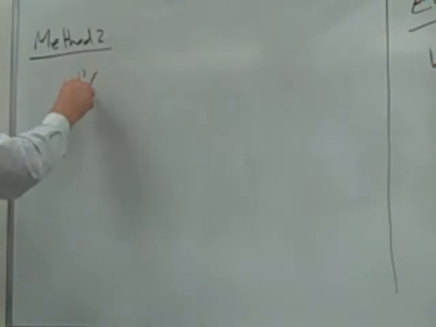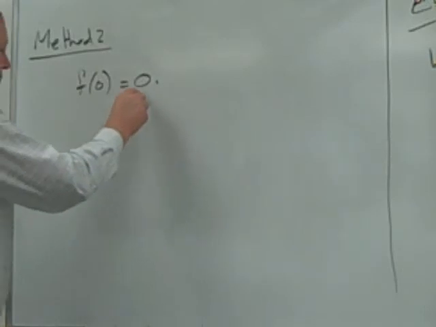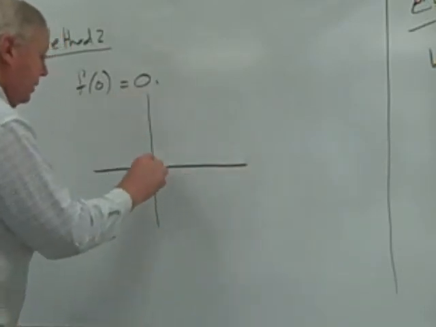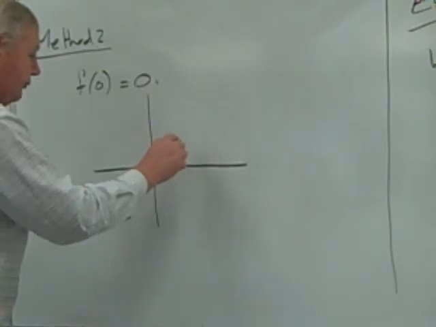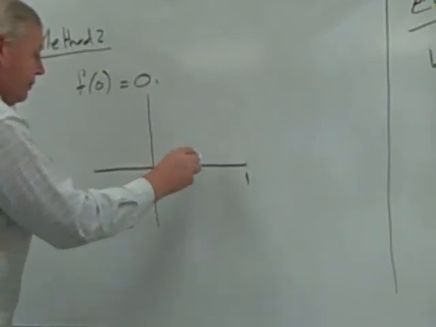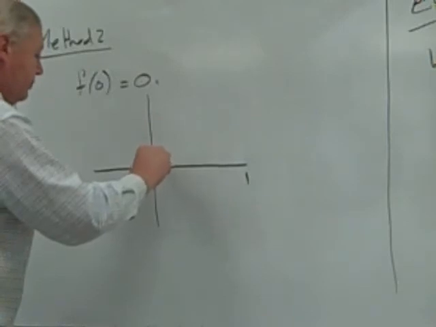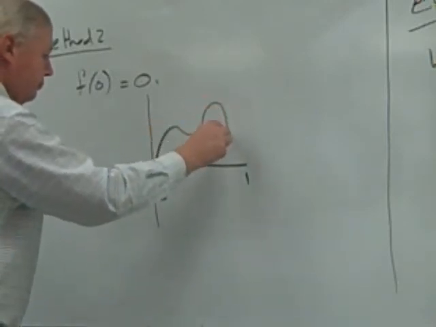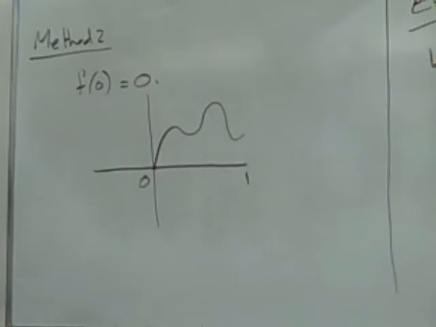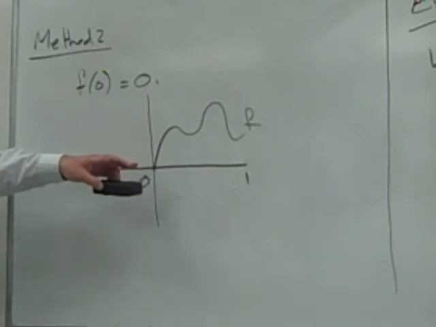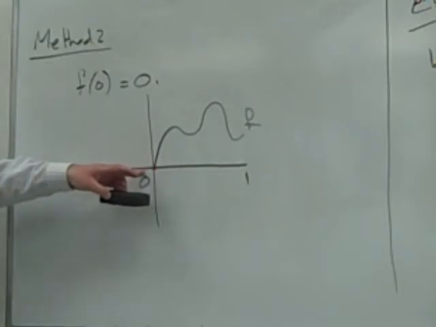Okay, so f of 0 is equal to 0. Which means that the function, whatever it does, must end up at 0. So there's a typical f that vanishes at the origin. Now what I will do is I will adjust it so that it's 0 on a little interval here.